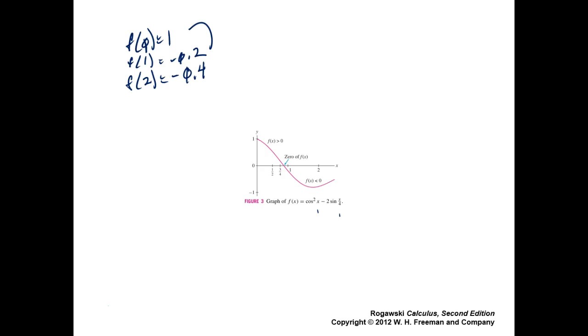Bisect it again. Now let's do f of 0.5. Okay? What do you get? That would be cosine squared of 0.5, radian, be sure you're in that mode, minus 2 times sine of 0.125, I believe that's 1/8. 0.5 over 4 would be 1/8.